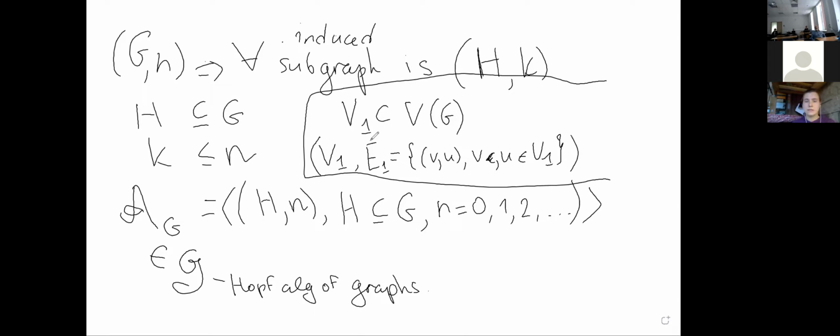Yes, we have a subset of vertices in the set of vertices of the graph G, and we have a graph with vertex set V1, and the edge set consists of all the edges which connect vertices of V1.